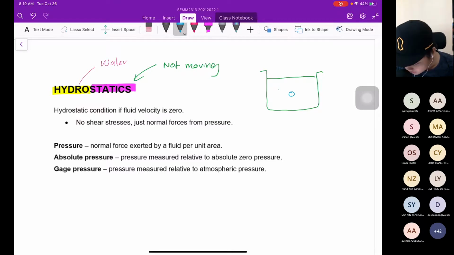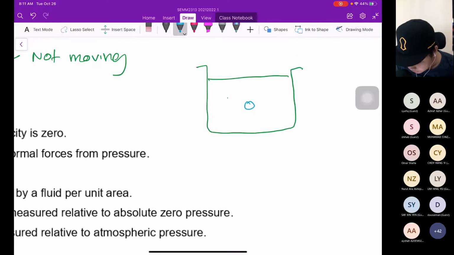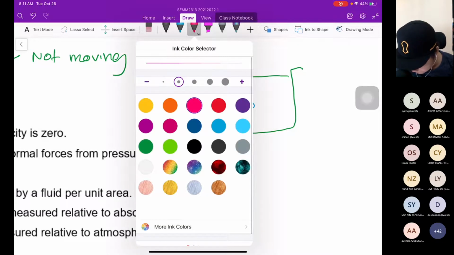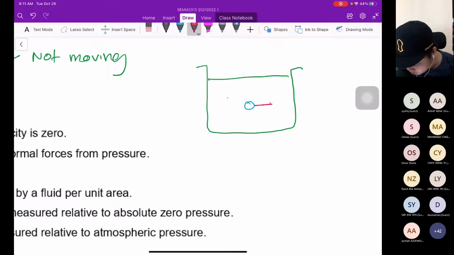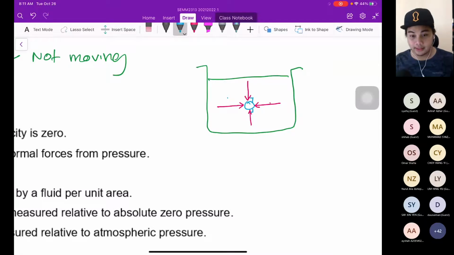Okay, so only normal force. So what is the force here? Alright, only normal. Normal means it is perpendicular to the surface. Okay, how is it perpendicular? You can see here. 90 degree. It is 90 degree perpendicular.